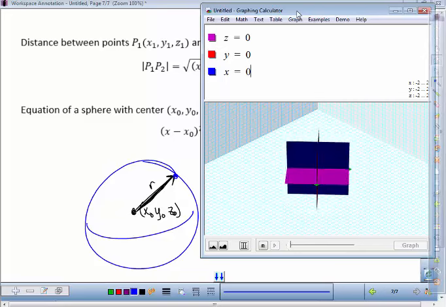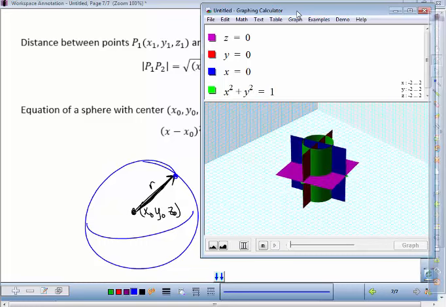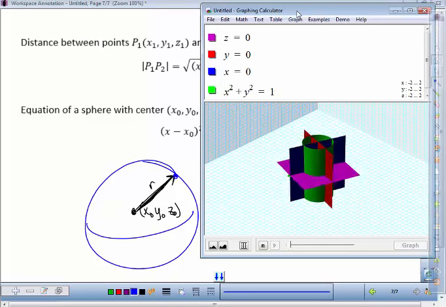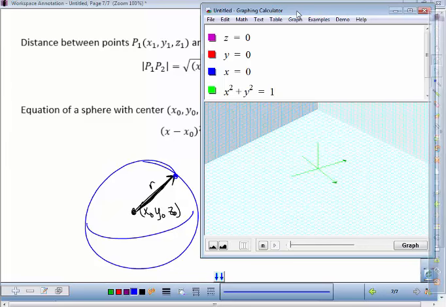And then let's throw in a cylinder, x squared plus y squared, right? That's all it was. Or x squared plus y squared is equal to 1. That's all it was, and you get a cylinder.